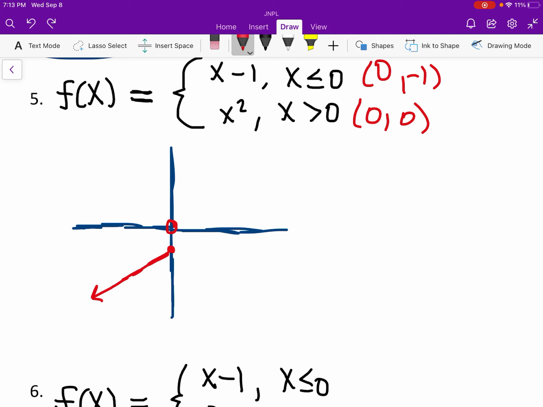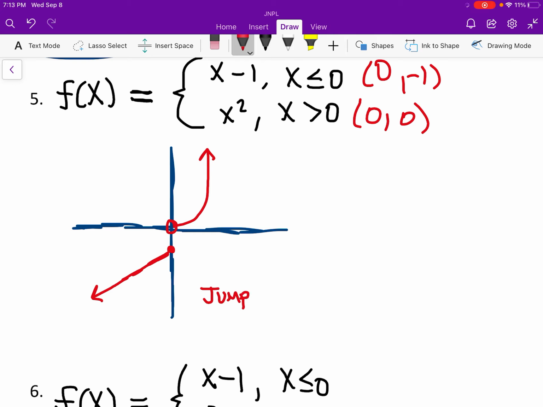Now, for x squared, if we graphed it, that's what it would look like, not exactly to scale. But since x has to be greater than 0, it would look like only that part. So now we have two x values at different y's, and because of that, we have a jump discontinuity.